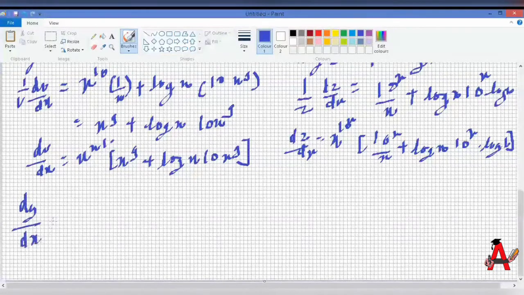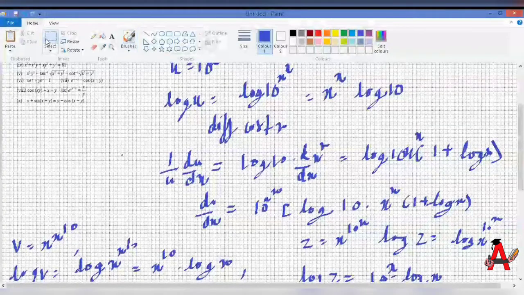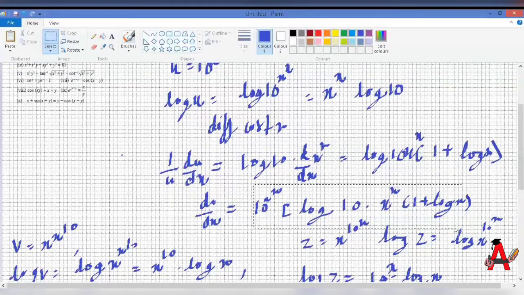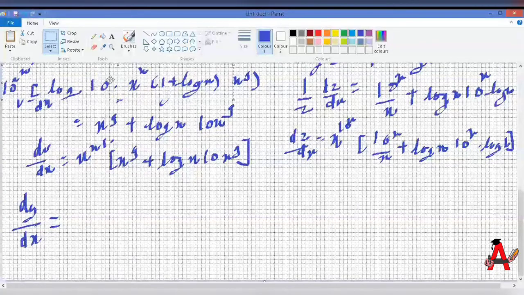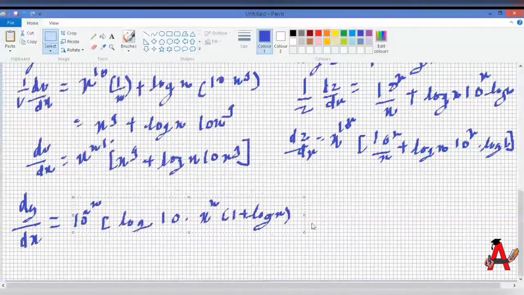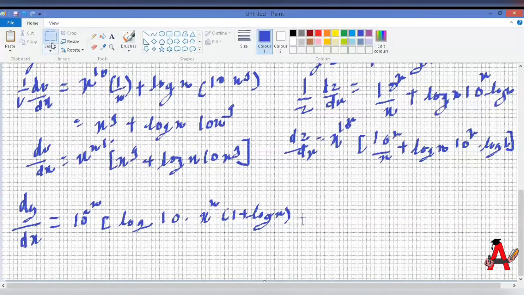It's a little lengthy question. dy by dx will be nothing but the addition of all the three terms. So first you will have to take du by dx, which is this term, 10 raised to x raised to this. Then you will add this term, x raised to 10.